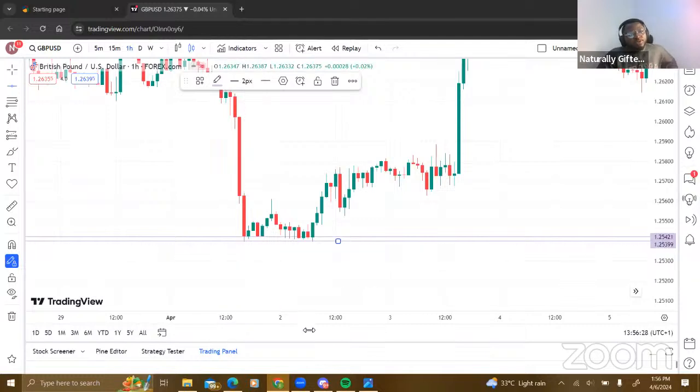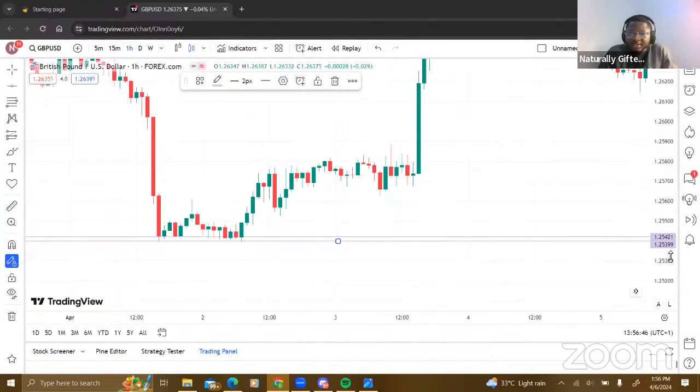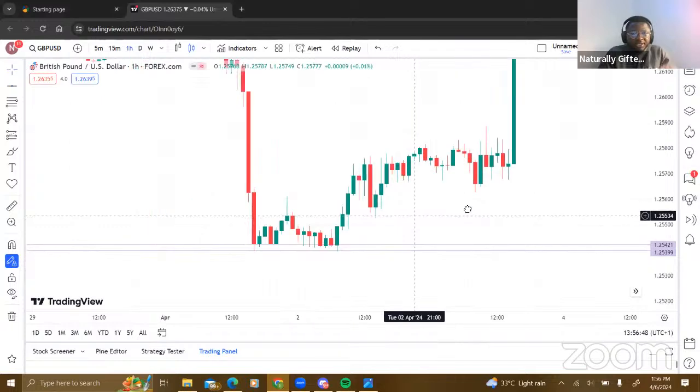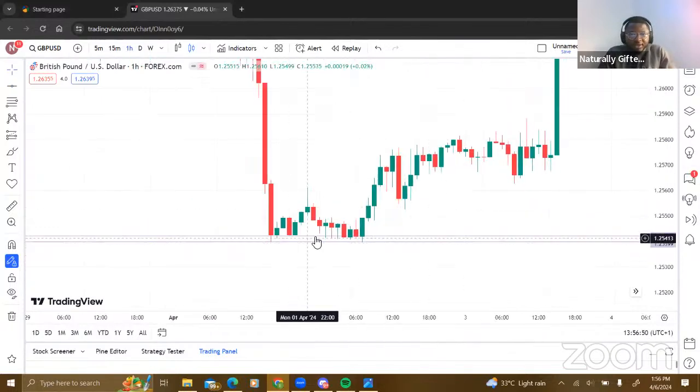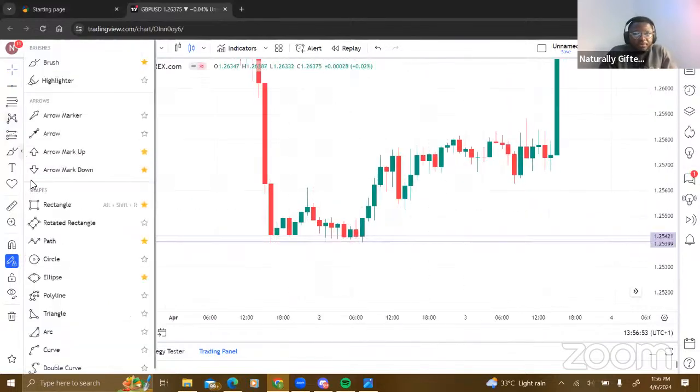Godwin, are you new into Forex? Are you new into trading? I'm asking because support and resistance zone is part of the basics, right? But this is it. We've been able to identify this support zone. Brilliant here.